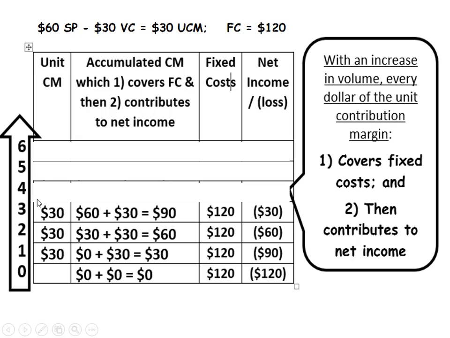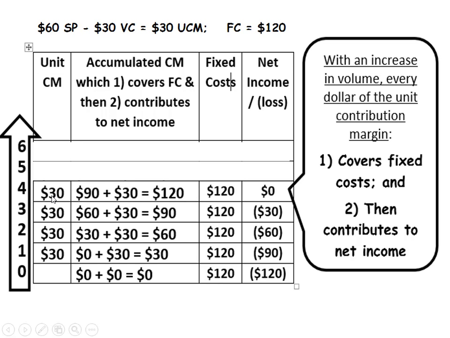Now we go on to the fourth item that we would sell. Again, it has a unit contribution margin of $30. I had $90 worth of contribution margin from the previous volume, plus I add another $30 for my current unit contribution, and that's $120.